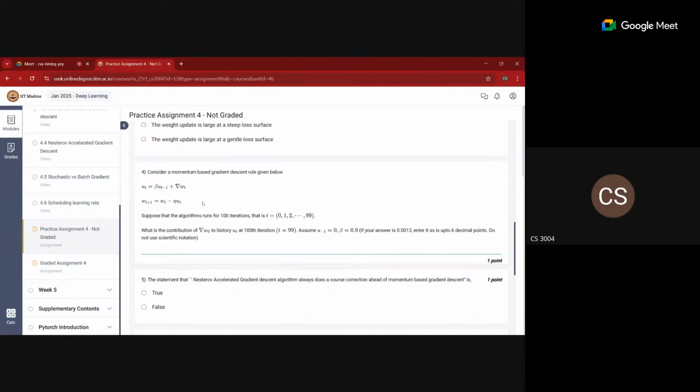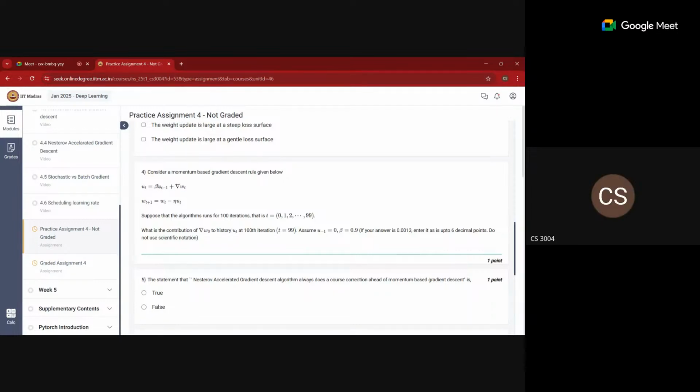Okay, so this is a very straightforward question. Let's say when we compute the gradient the first time, W0 will contribute fully, like 100%, right? Yes, sir, 100%.